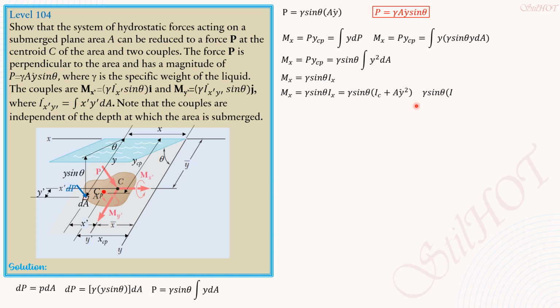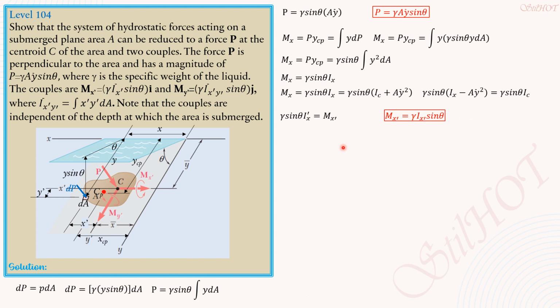So gamma sine theta times Ix minus area y bar squared is simply I sub c, which is also I x bar prime. Therefore gamma sine theta I x bar prime is equal to the moment about the x prime axis, and we have shown that Mx prime is really gamma times I x bar prime times sine theta.